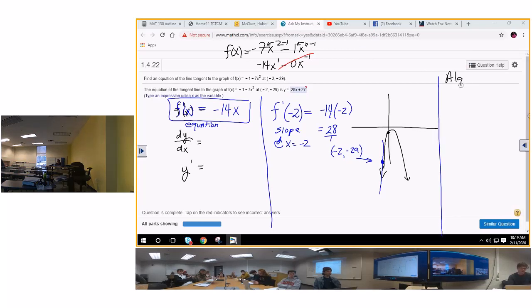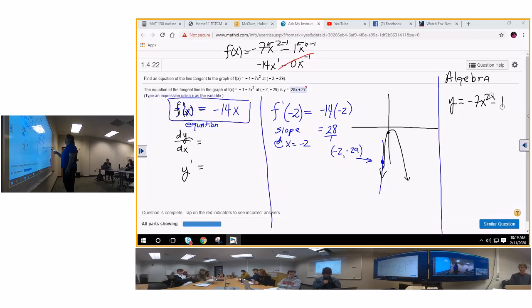The old way of doing it is to say y is equal to negative 7x squared minus 1 and plug in negative 2 and solve.